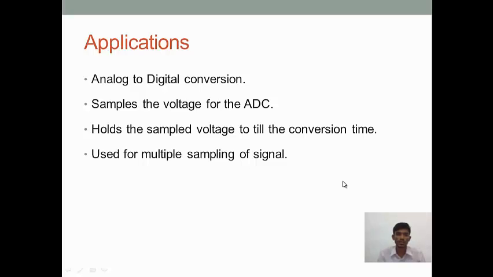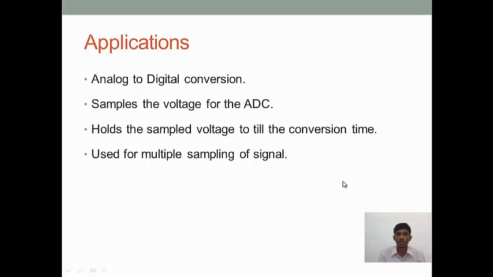The sample circuit picks the voltage at the time instant, and the hold circuitry holds whatever voltage was picked by the sample circuit at that instant. The hold circuitry holds it until the ADC completes its conversion from analog to digital.